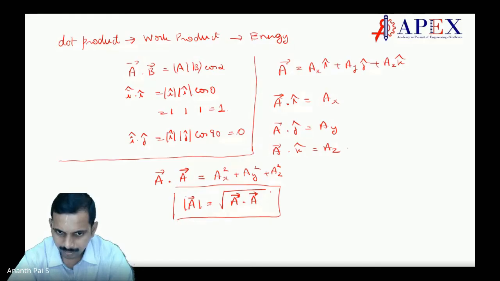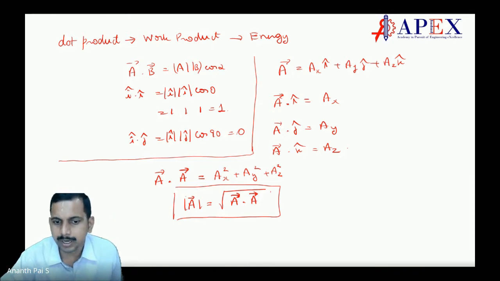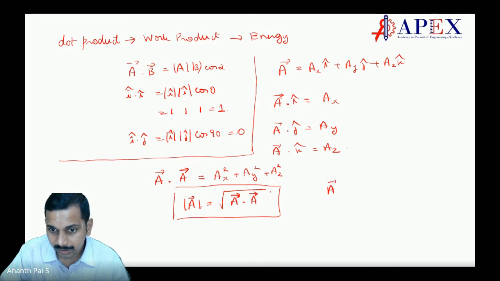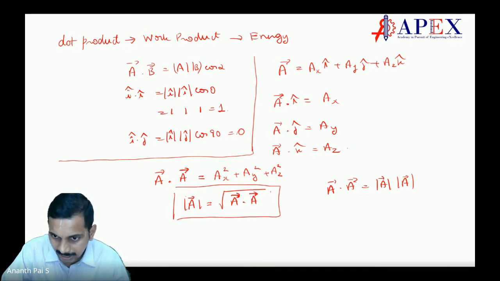Sir, but then that will be like normal multiplication, no? If both are in the same direction, then it will be like normal multiplication, no? Not exactly. Magnitude can be multiplied obviously. So if I say A dotted with A, we can write magnitude of A into magnitude of A. That is possible because magnitude of A is a scalar.